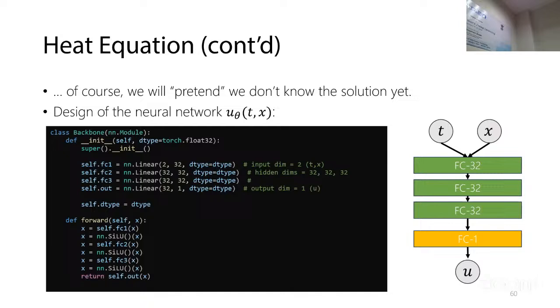We only need one variable for the position and one variable for time t. So those two are the inputs to the neural network. And then we have a bunch of fully connected layers, or linear layers, and at the end we spit out the temperature u as the output.